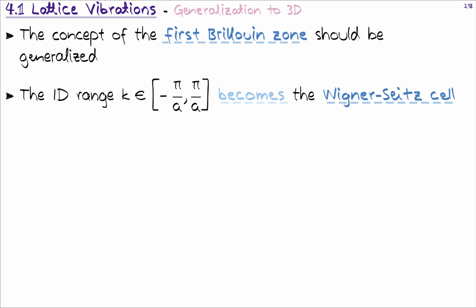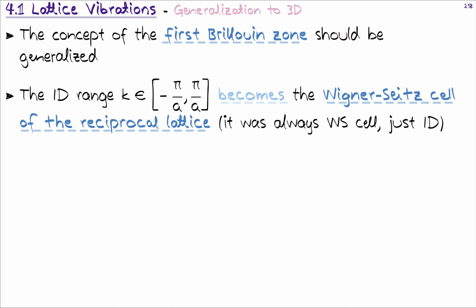But now that we go into a three-dimensional description, this first Brillouin zone is seen to be a more conventional Wigner-Seitz cell of the reciprocal lattice. So what I wanted to say is that the first Brillouin zone is always a Wigner-Seitz cell, but now it turns into a three-dimensional Wigner-Seitz cell.